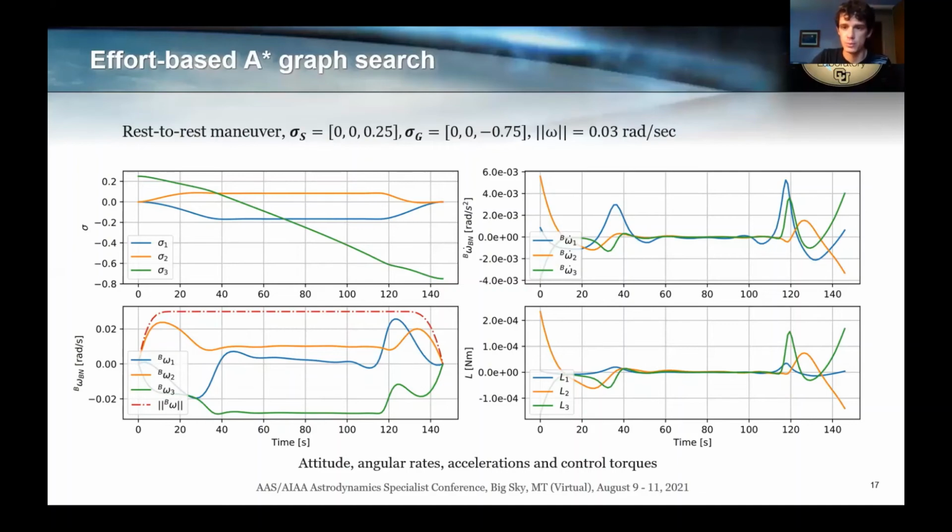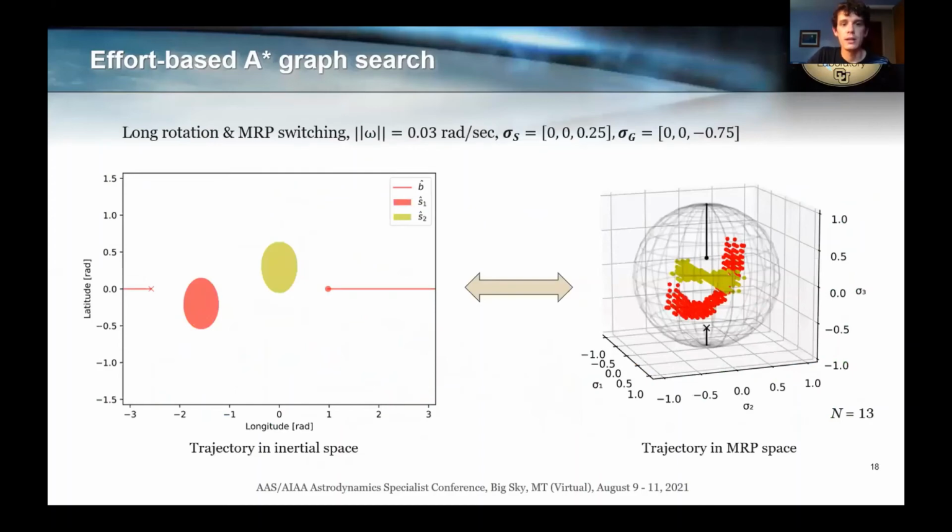This other case is interesting because if we remove the blue obstacle from the scenario that we saw so far, we can free a path that is basically an eigenaxis rotation about the body z-axis, which is also interesting because in the MRP space, this path is exploiting MRP shadow set mapping, thus exiting the unit sphere and bouncing back from the opposite side.